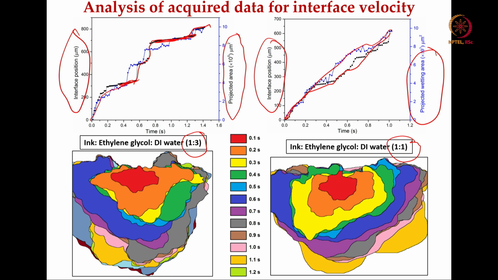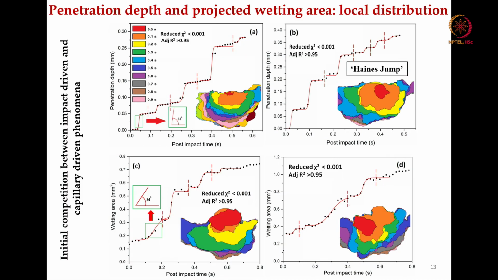The color map below essentially shows, as a function of time from 0.1 second to 1.2 seconds, this green one, how the wetting contours develop and then spread across the print bed. So that has been mentioned.